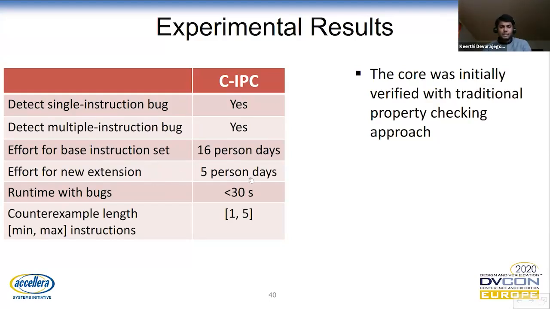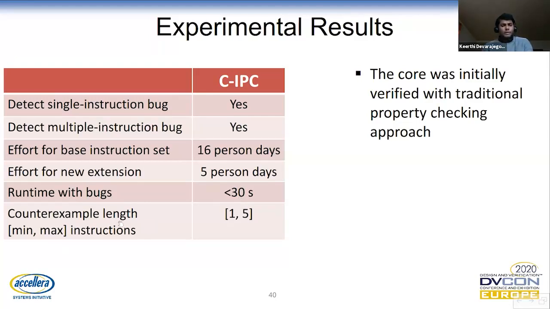And for each new extension, it required around 5 person-days. For example, for the CSR extension, I needed 5 more person-days to implement the properties and make sure that the properties are holding or failing. And when it comes to the property runtime, on average, it took around 30 seconds for the properties to hold or to fail whenever there was a bug in the property or in the design.